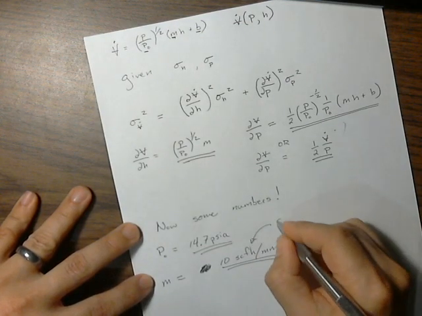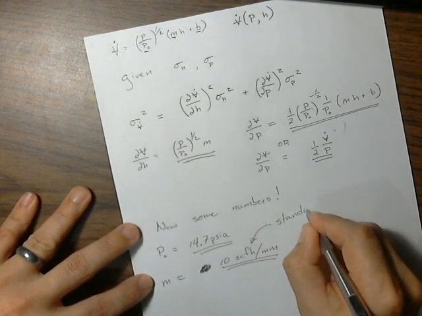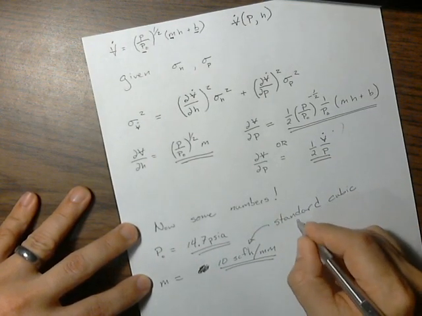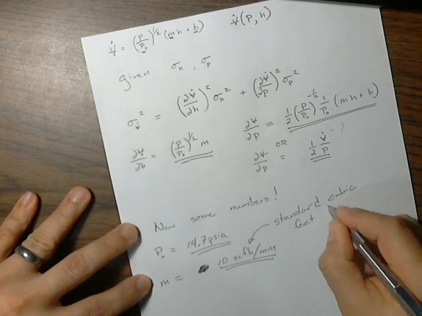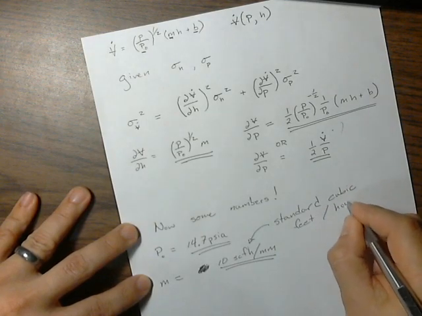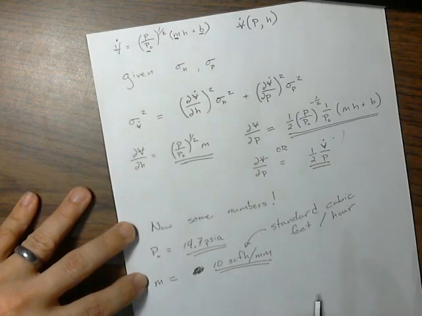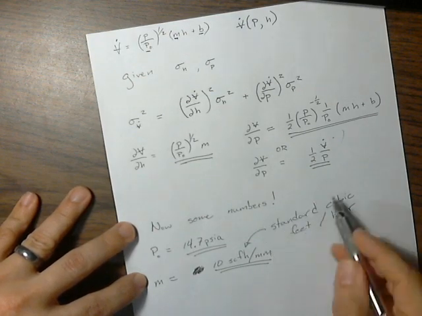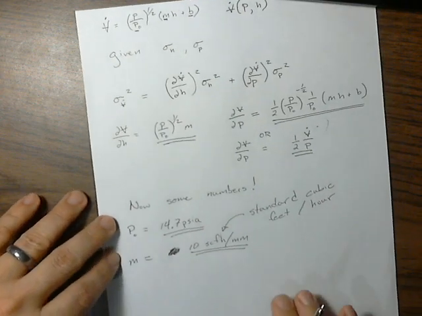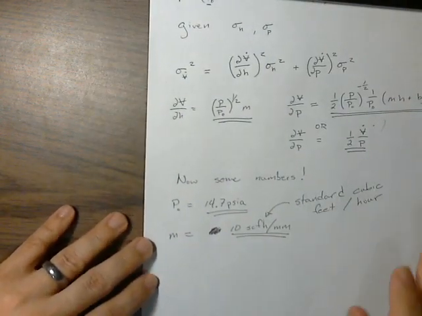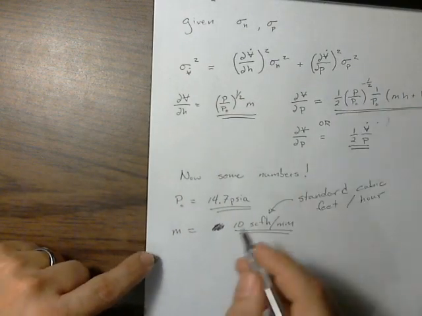SCFH is standard cubic feet per hour, a standard flow rate unit. The word standard has special meaning. We'll talk about that later. That's a whole conversation about thermodynamics. We'll worry about that some other day.